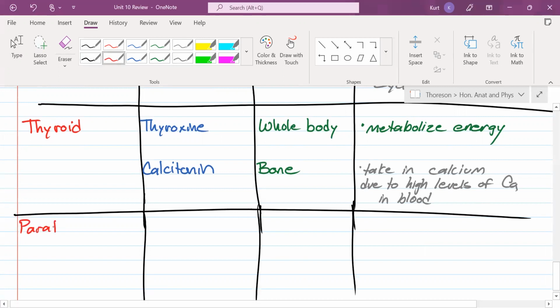Parathyroid. Parathyroid hormone. It's not hard. PTH.